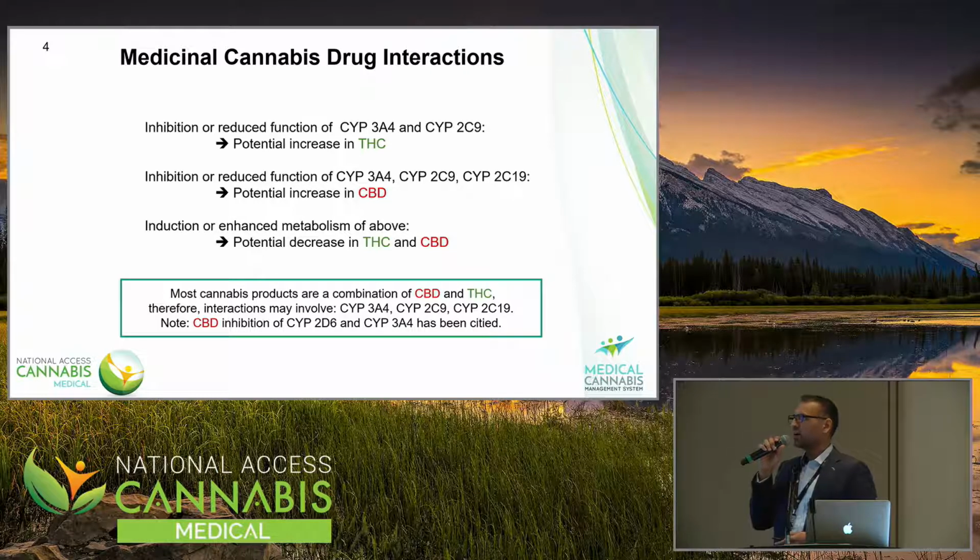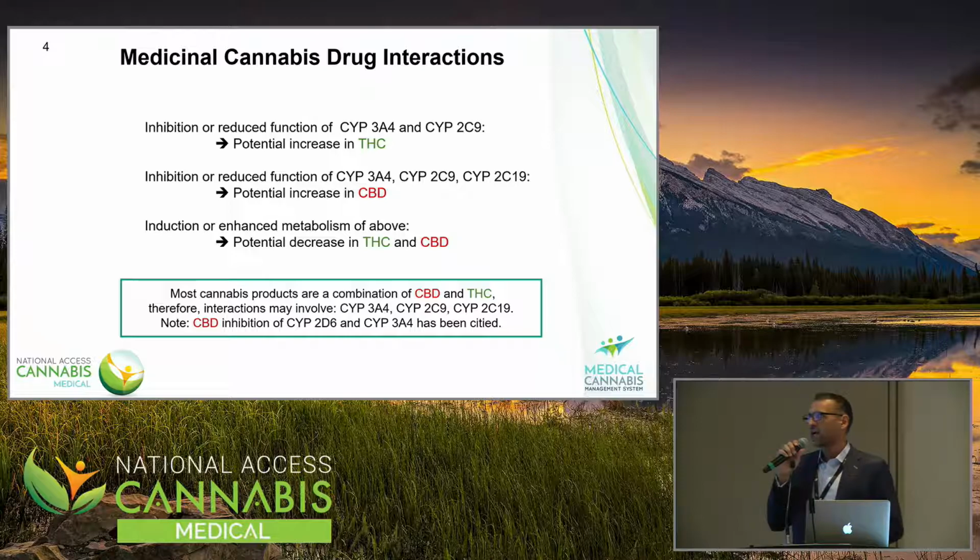So what we have here is that you can have a potential increase in THC if you have inhibition or reduced function of 3A4 or 2C9. Similarly, inhibition or reduced function of 3A4, 2C9, and 2C19 may cause an increase in CBD.